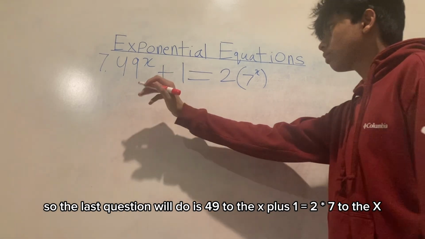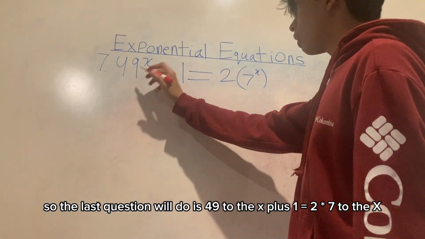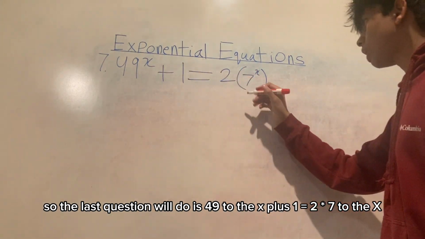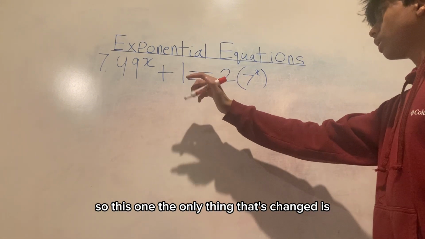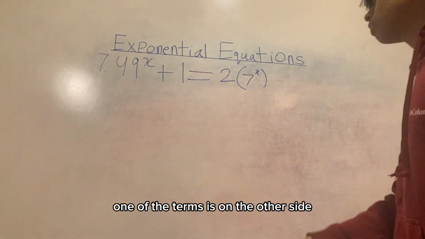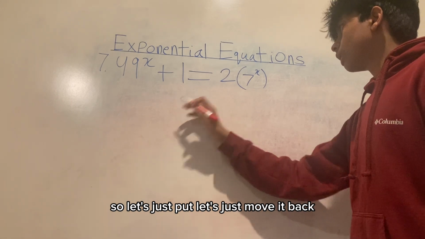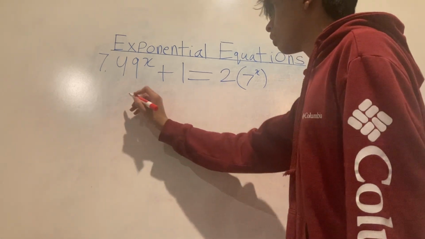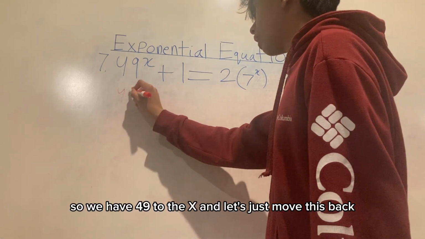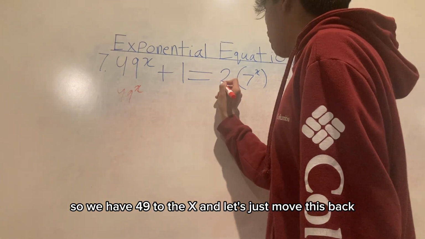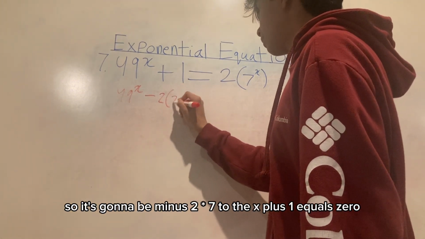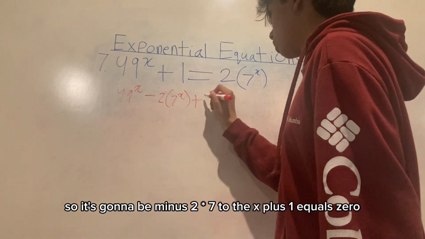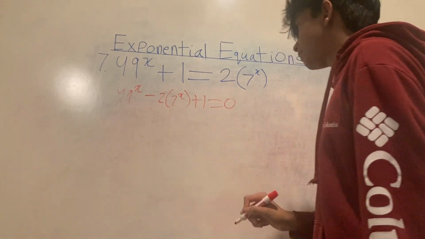Alright, so the last question we'll do is 49 to the x plus 1 equals 2 times 7 to the x. So this one, the only thing that's changed is one of the terms is on the other side. So let's just move it back. So we have 49 to the x, minus 2 times 7 to the x plus 1 equals 0.